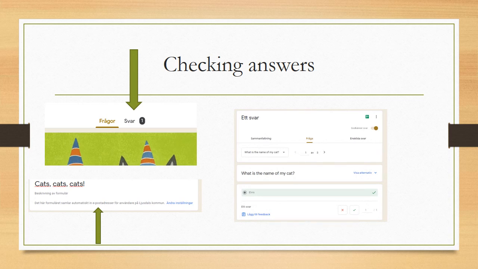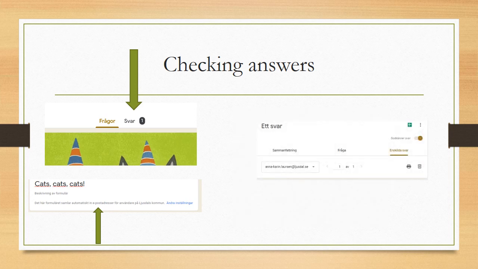You can click on next to sammanfattning, it says fråga, question, and here you can see the answers per question, how many people got the correct answers for a particular question. And you can also go to individual answers. In this case you can see that I've had to log in my email address, and I answered different questions, and you can see my answers for each.